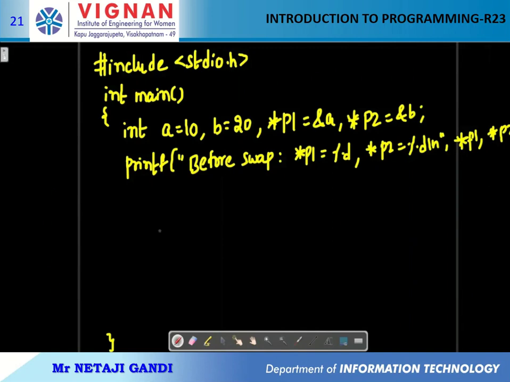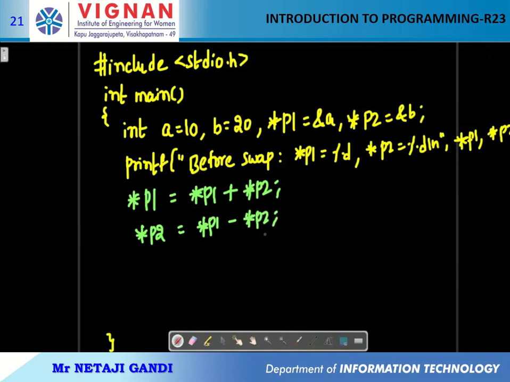Now let us perform swapping without using any third variable. Directly you can perform it with the help of these pointers. So star p1 is equal to star p1 plus star p2. And then here we can write star p2 is equal to star p1 minus star p2. And also star p1 is equal to star p1 minus star p2.